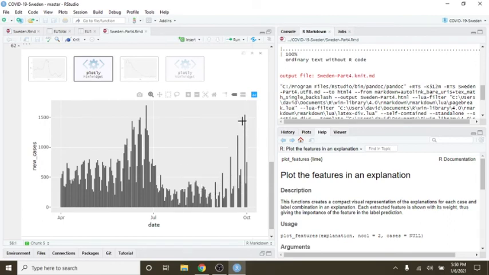And you can also see these dips here represent weekends. Those gaps are Saturday, Sunday, and Monday.